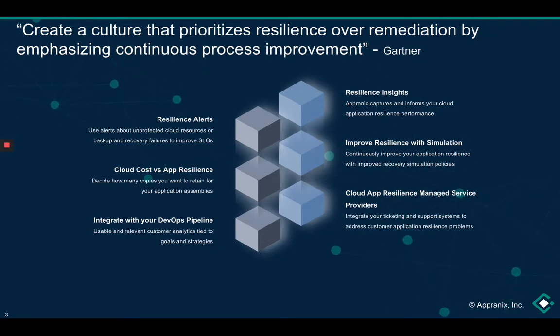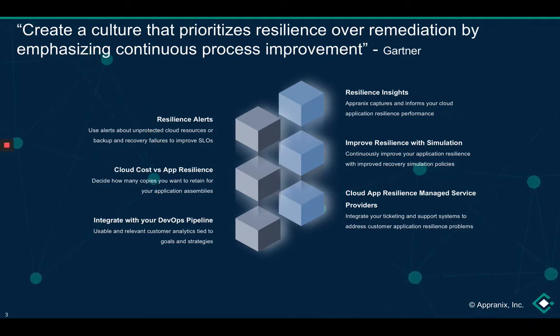And that's where Appranix's latest features allow you to improve and obtain your target SLAs, maybe because your own teams can use the capabilities, or you could allow your resilience managed service provider to monitor your environment and continuously apply or change the policy so that they can achieve the target SLA set by you.